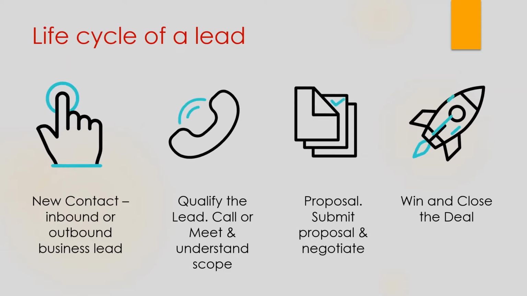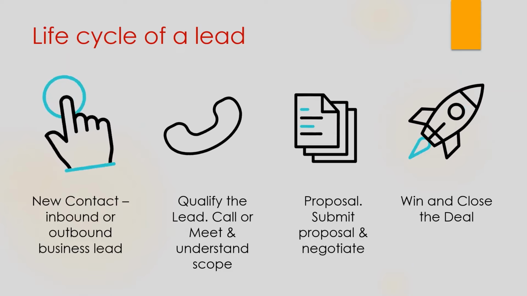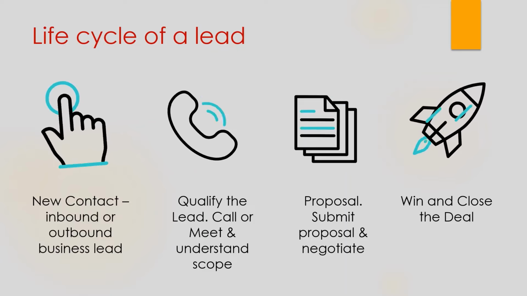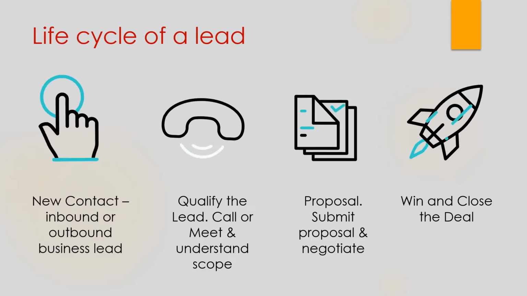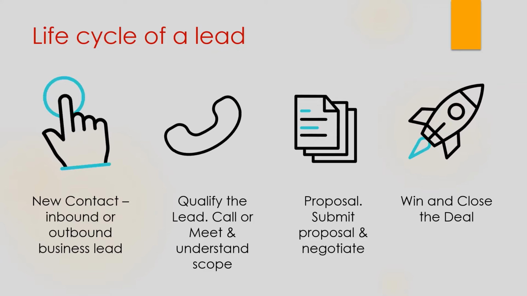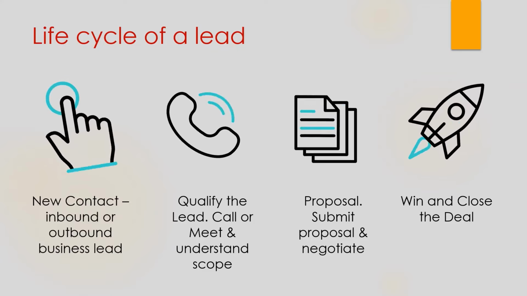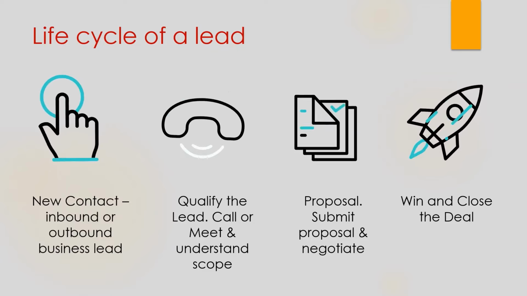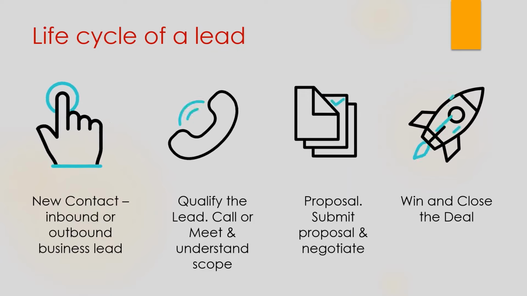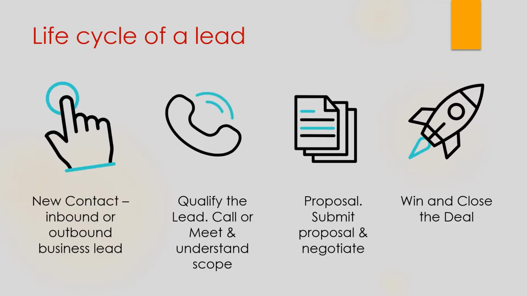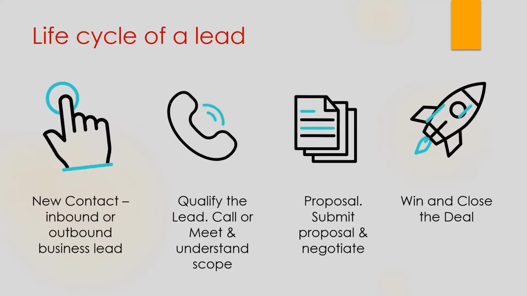And then we have the final outcome where you either win the deal or you lose the deal. And during any of these stages, the lead may turn cold where the prospect or the contact stops responding. So this is a very broad view of the life cycle of a lead, moving from a contact being created, the qualification phase, proposal and negotiation, and then finally you either win or you lose.